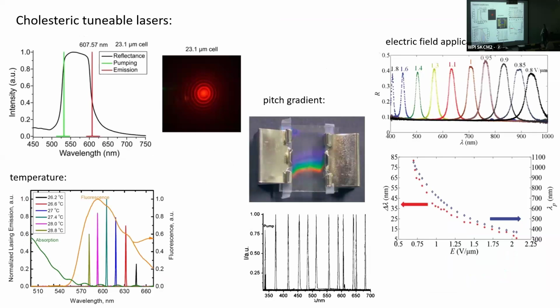Okay, so what can we do with laser, with these band gaps? One thing that we can do is make tunable lasers from that. You pump your laser at the lower end of the band gap, and you will observe an emission at the higher end of the band gap.